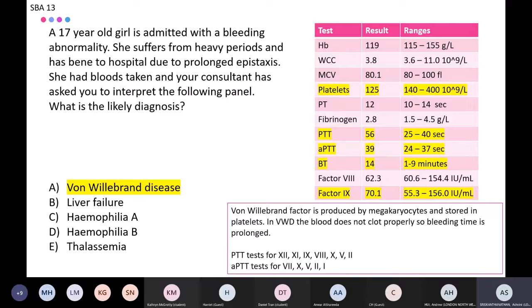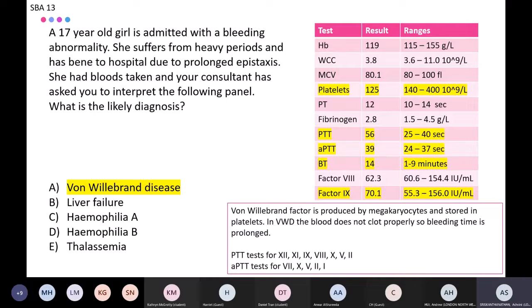Those are key ones to remember, especially when you're looking at other things like liver failure, which affects your vitamin K factors. So that's your 10, 9, 7 and 2. That can also cause these things to be raised because they get tested by each of these tests.